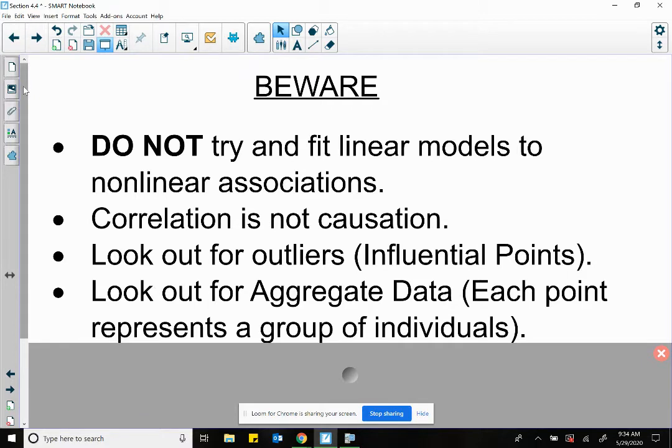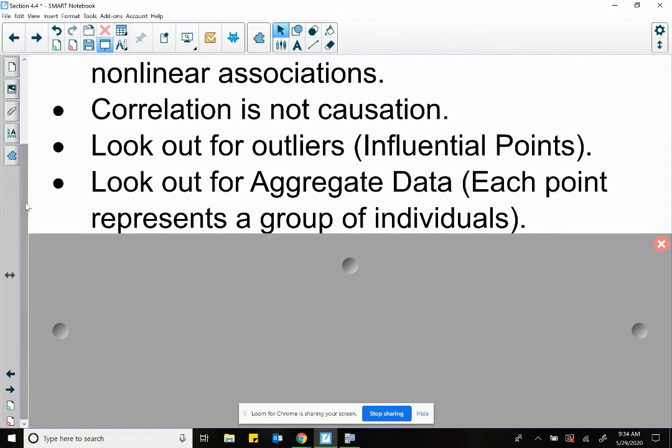Sometimes aggregated data can be a little misleading versus if you actually look at individual ACT math scores versus ACT English scores. Our book has a great picture comparing aggregated data versus individual data. Check that out in section 4.4.